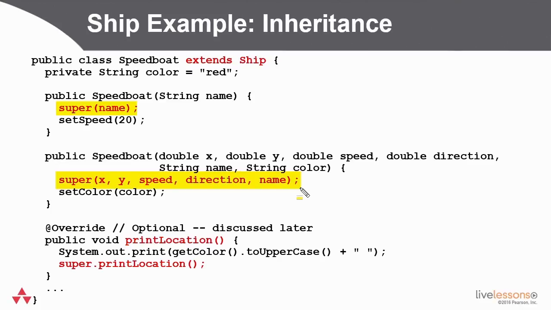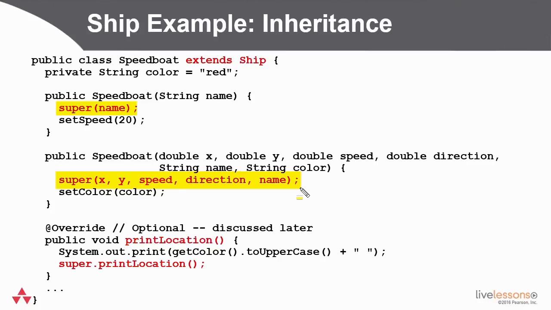That use of super is only necessary when you're not satisfied calling the 0-argument constructor of the parent class. If you're satisfied with calling the 0-argument constructor of the parent class, don't say super parentheses. Just don't say anything at all, because the default behavior is to call the 0-argument constructor of the parent class.